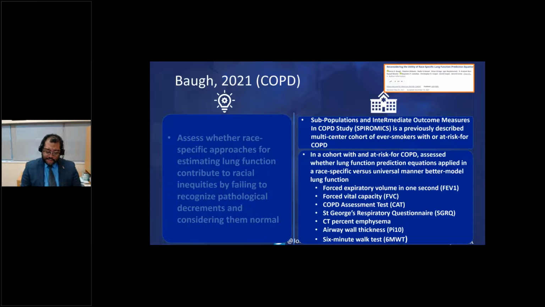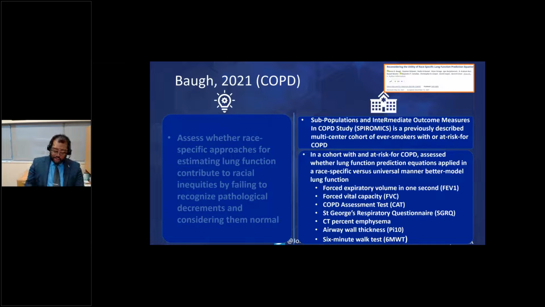This was actually a study that was done as a cohort of a previously reported study, the Spiromics study, and it was a multi-center cohort of people who have smoked or people who are at high risk for COPD.